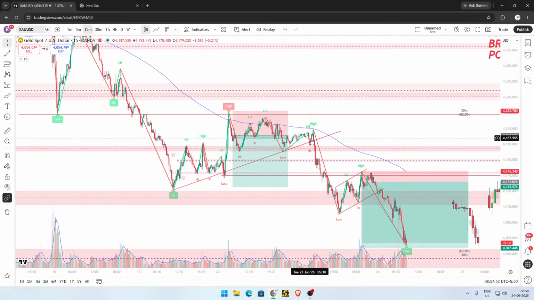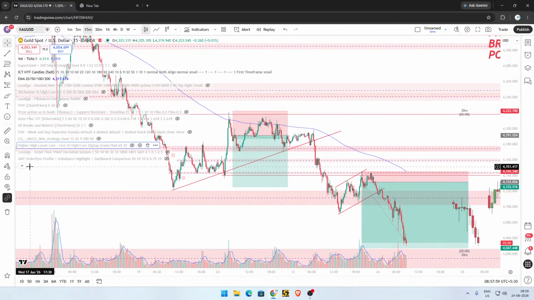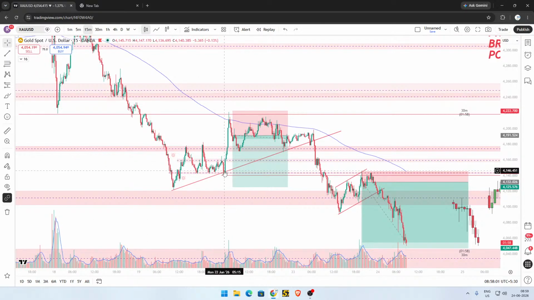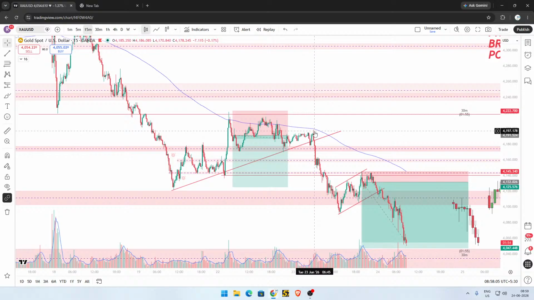See, after the sweep, if you enter, it is also a very good setup. Like at this area, sweep, then it went up, sweep, then it fell.